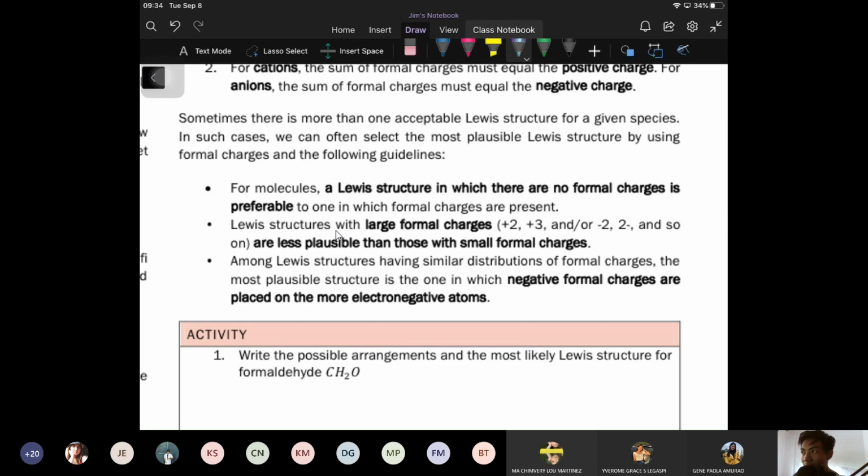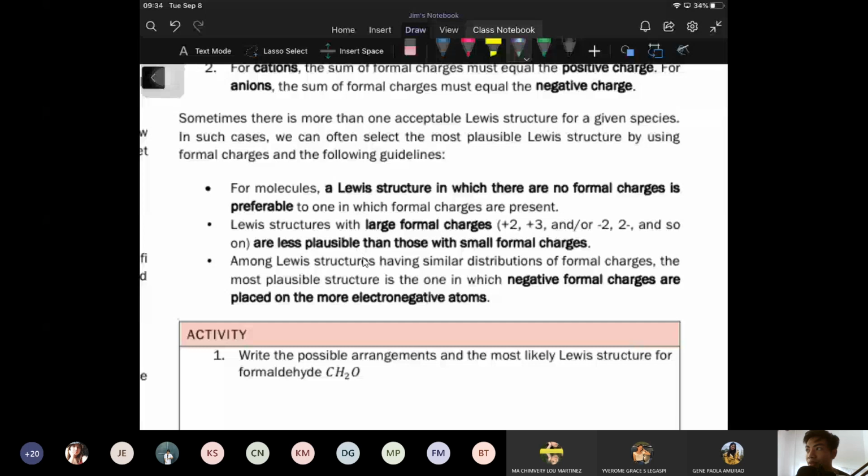Rule number 2 says that if your Lewis structure has a large formal charge, meaning positive 2, positive 3, negative 2, negative 3, it is less plausible than those with small formal charges. It means that the charges should only be between negative 1, 0, and positive 1.